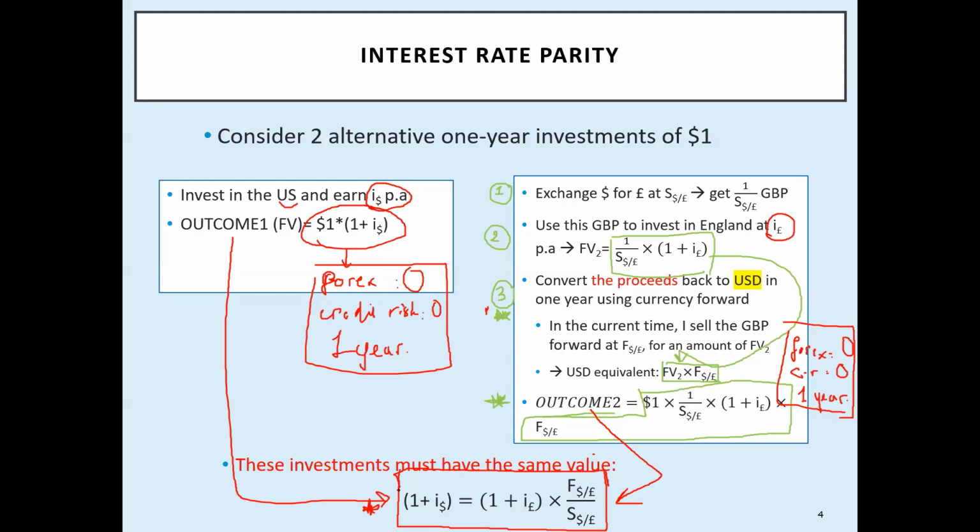It says that the interest rate in our domestic economy should be equivalent to the interest rate in the foreign country after we adjust for the differences in the exchange rates. In other words, how much money I earn when I invest in the domestic country should be the same as how much money I would earn if I invest in the foreign country after I adjust for the differences in the currencies.